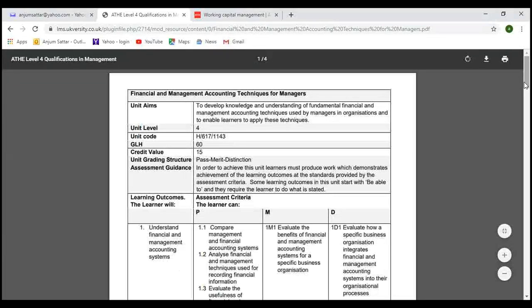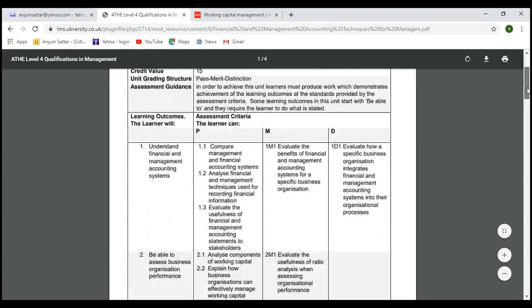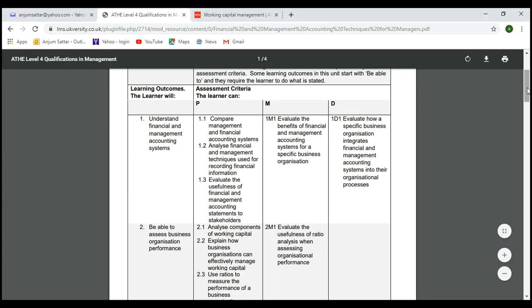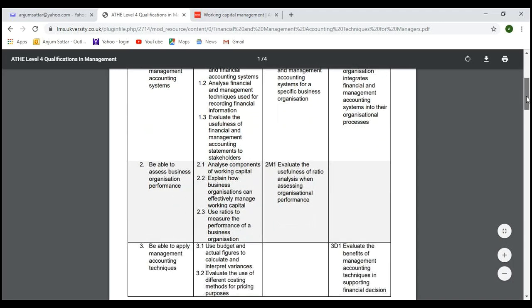In previous lessons, in LO1, we discussed 3 assessment criteria: understand financial and management systems. We discussed the accounting system, management accounting systems, and complementary accounting systems, the function and methods of recording the information, and evaluating financial statements.